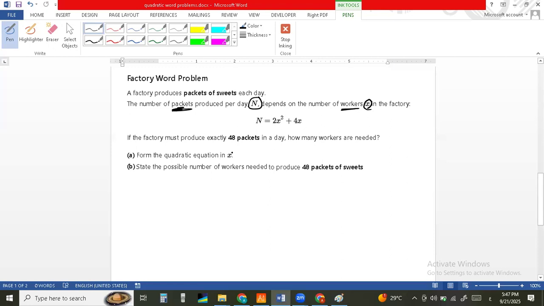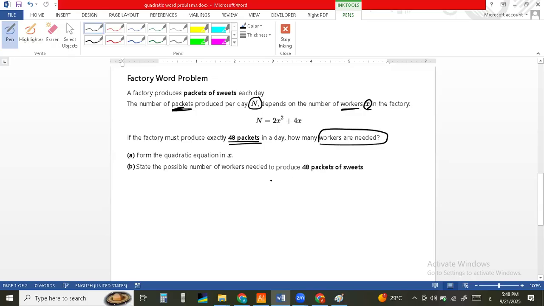If the factory must produce 48 packets in a day, how many workers are needed?